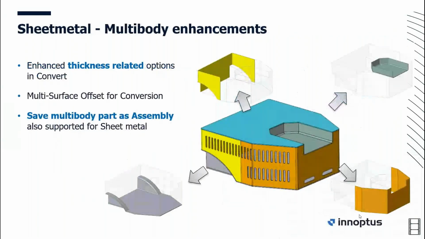The same functionality is, of course, very handy also for sheet metal. The idea is that we start a default part, that's that gray shape below here, and we create one shape in one part, and then we select surfaces with that offset that we've seen before.